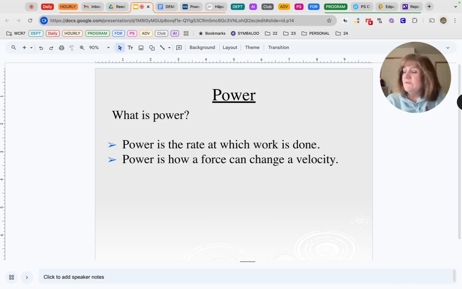So the next section of your notes is on power. Power is the rate at which work is done, and power is how a force can change a velocity.